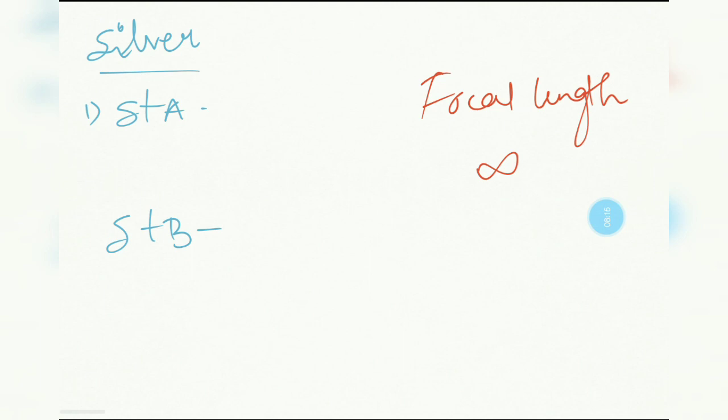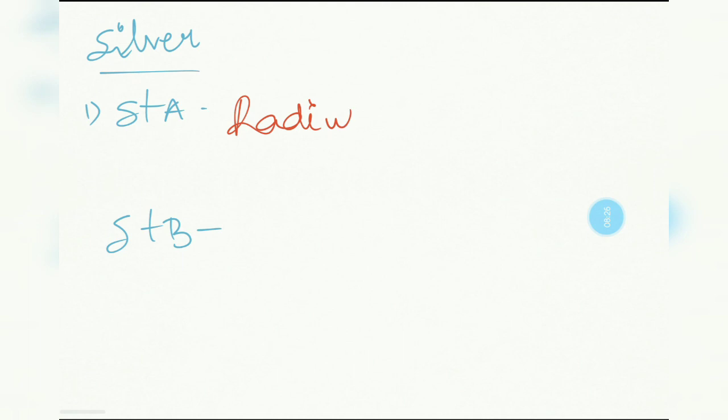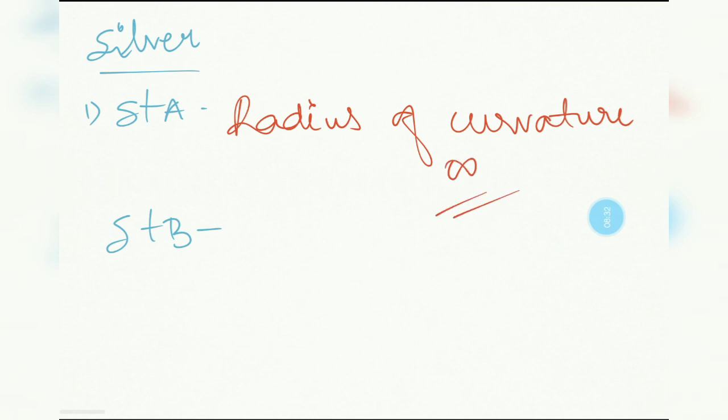Plane mirrors are generally flat and straight, right? They are not curved, so they do not have any radius of curvature. So we can say that the radius of curvature for any plane mirror is obviously infinity. That statement is true, so mark it as true.